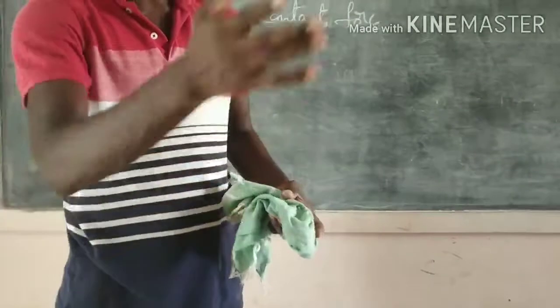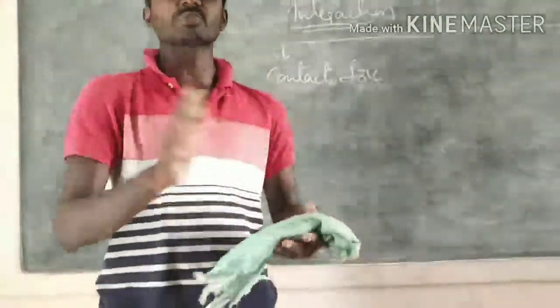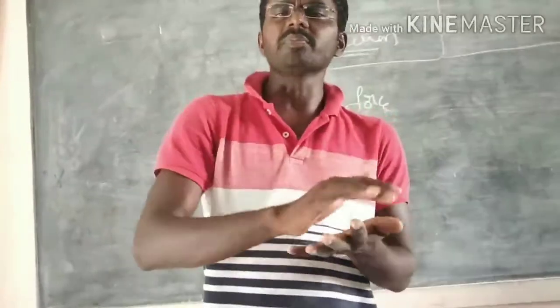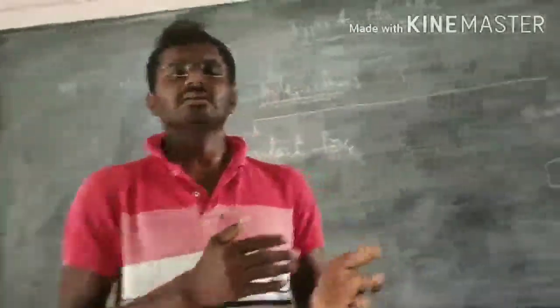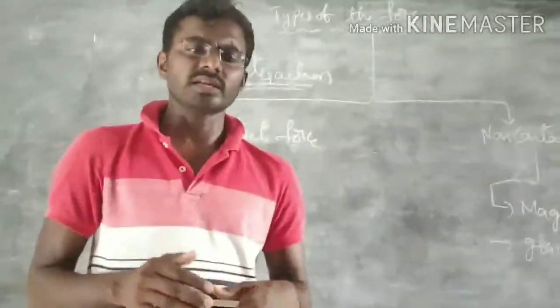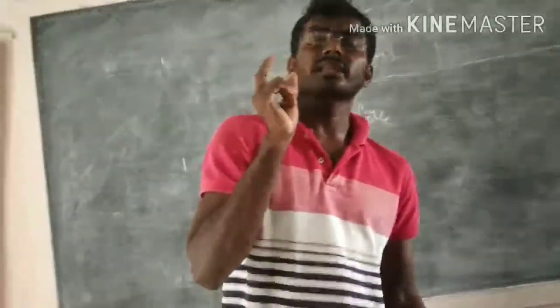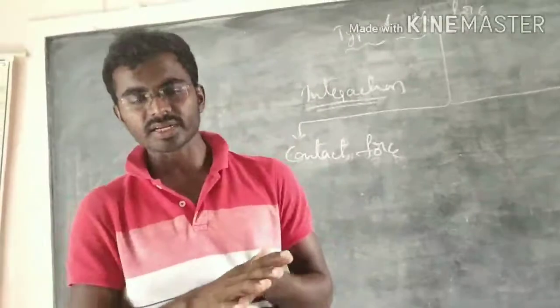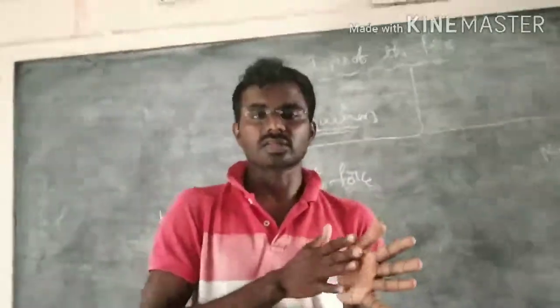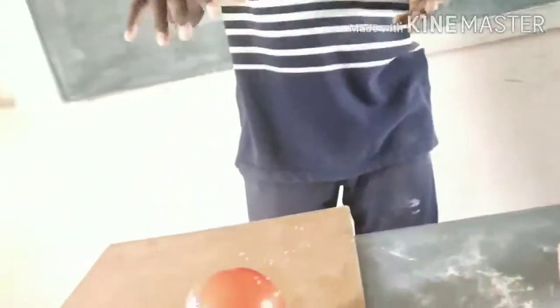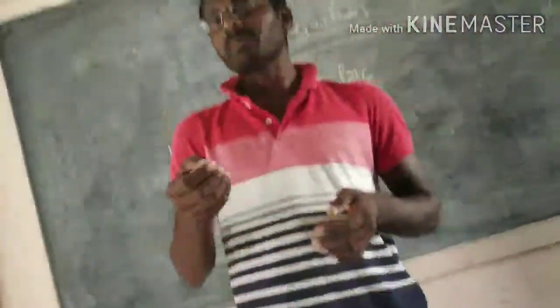And you take a balloon, it is available at your home. You can also do this experiment at your home. Rub the balloon with any woolen cloth or any other material, an electric insulator. Rub with an electric insulator. Then it will attract the paper particles, the paper strips.